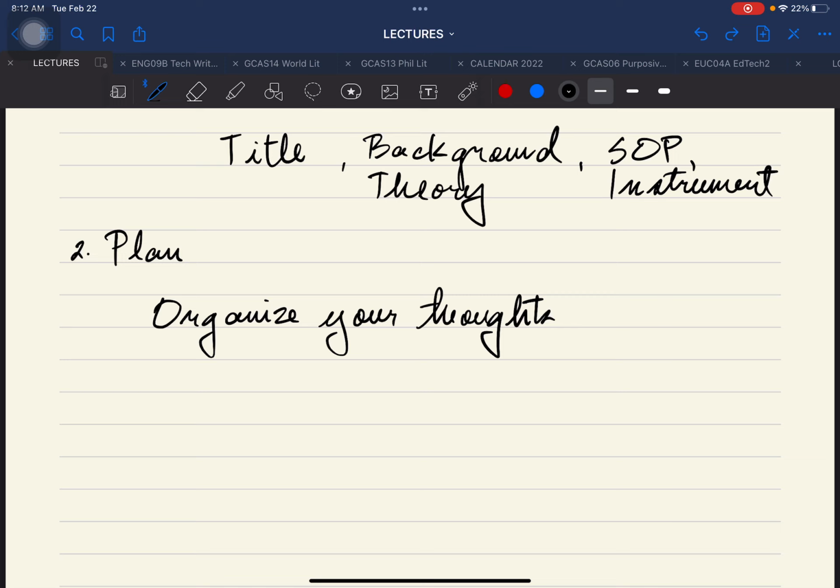Planning is already expecting a question and preparing your answer for that particular question by being aware and familiar of where to look for that answer. So if that is the question, what is your motivation for this study? You will readily find the answer in what we call the rationale of the study, which is supposed to be located at the last paragraph of the background of the study.